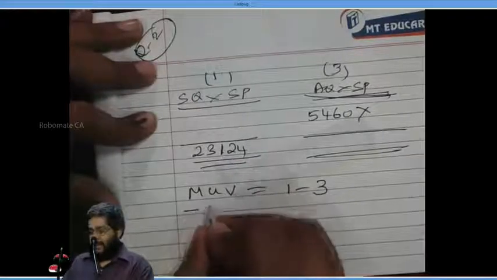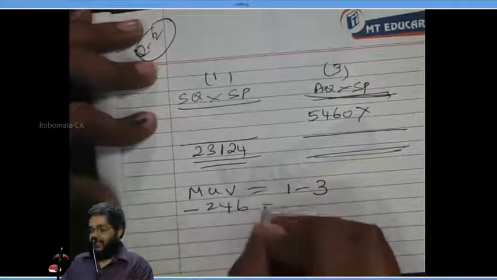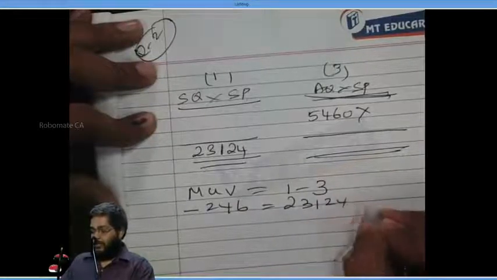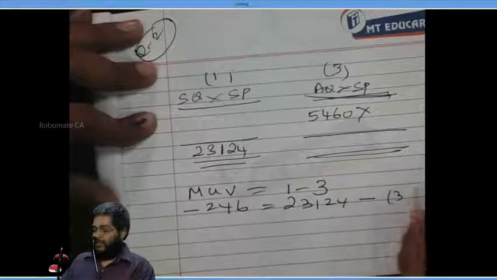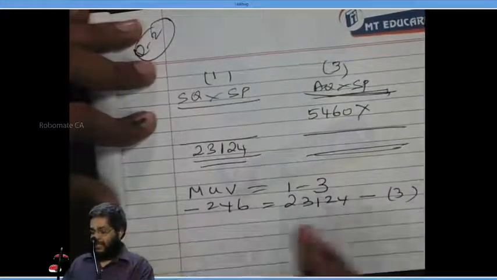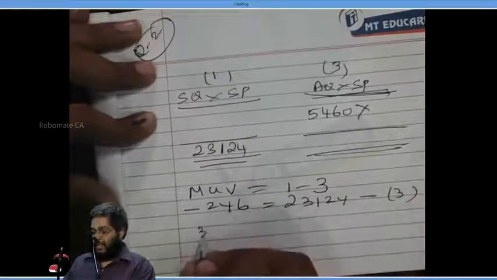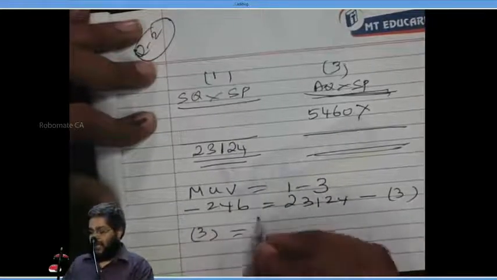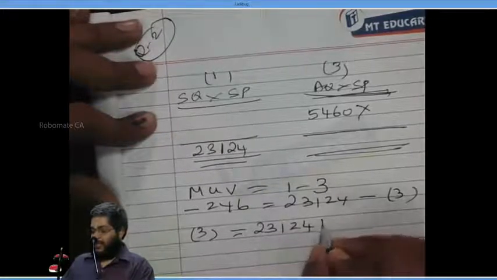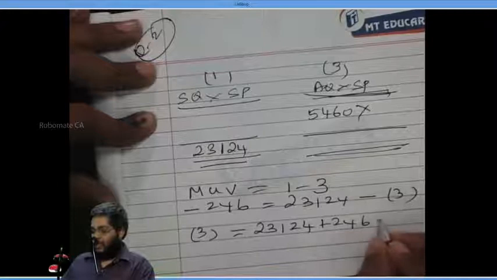Minus 246 is equal to 23,124 minus column 3. We bring it to this side, so column 3 is 23,124 plus 246, which is 23,370. Write 23,370. Is 23,370 the standard price? No, that is column 3.